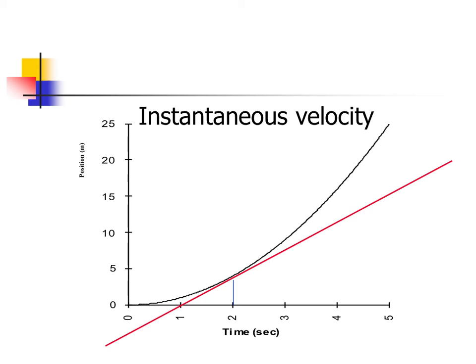And at the end, I mentioned finding the instantaneous velocity of different points. Finding the instantaneous velocity at 2 would be finding the slope of the red line.